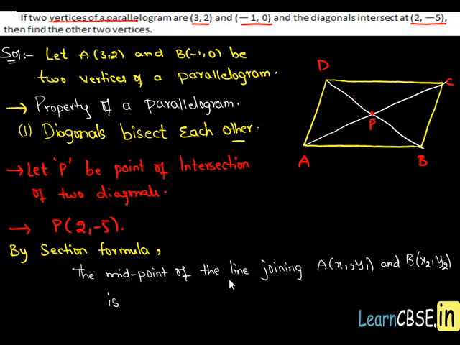The midpoint of the line joining two points A (x1, y1) and B (x2, y2) is the half of the sum of x coordinates, which is (x1 plus x2) upon 2, and half of the sum of y coordinates, which is (y1 plus y2) by 2. This is the midpoint of the line joining A and B. By using this formula, we can find the remaining vertices.